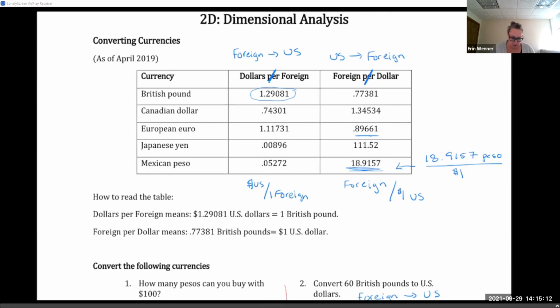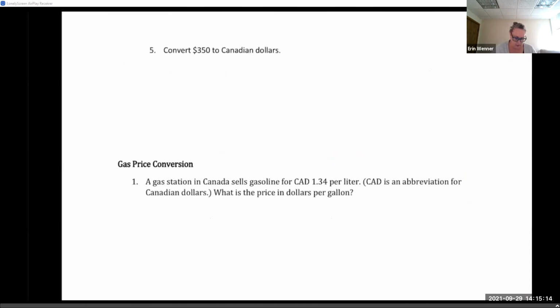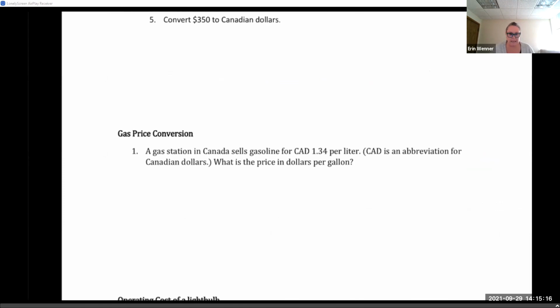Okay, so the next page says convert 350 to Canadian dollars. So unfortunately, you got to go back and forth. So go ahead and send me your answer for that one.